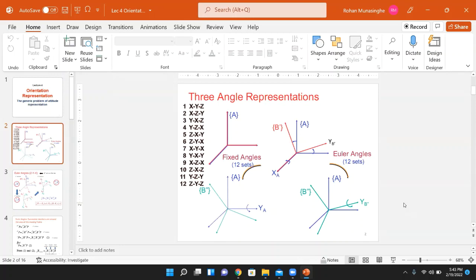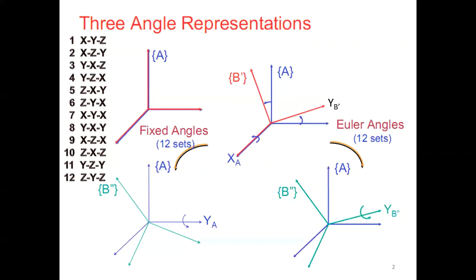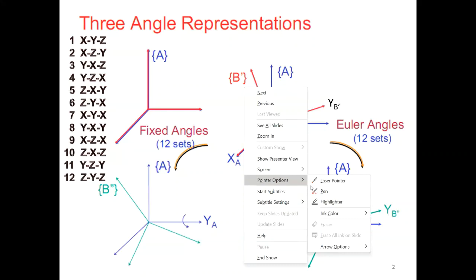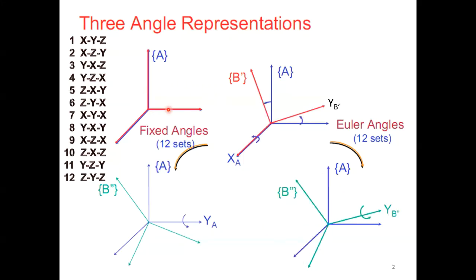Let's say you have two coordinate frames here, A and B. They are coincident here. Blue is on top of A. There is no orientation between these two frames.